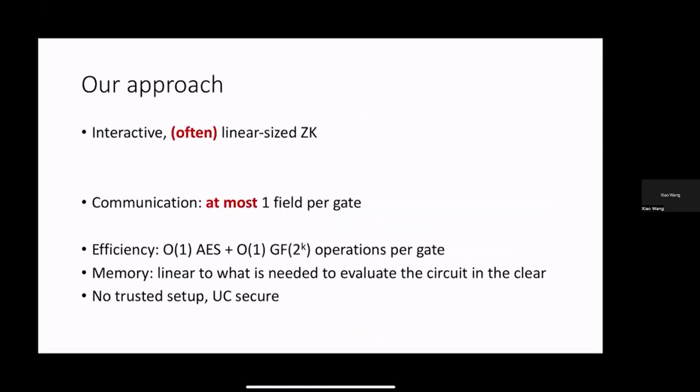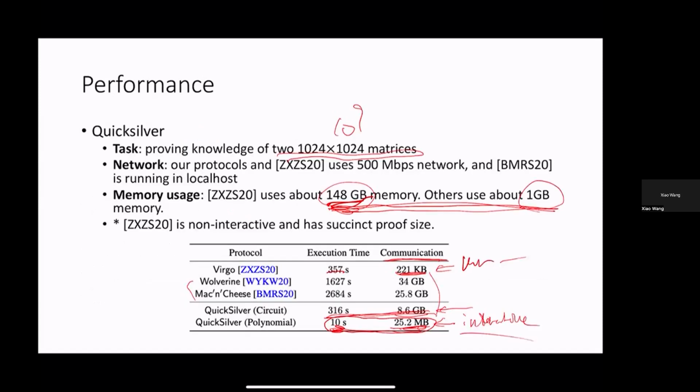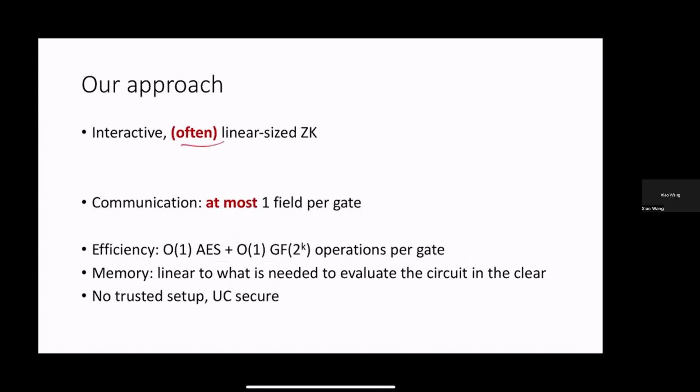And this communication reduction is why I'm saying that it's often linear time, and it's at most 1 field element per gate, because in some cases it can actually be better. There are many works in this line of zero knowledge proofs, which is improving very fast in the past few years in academia.